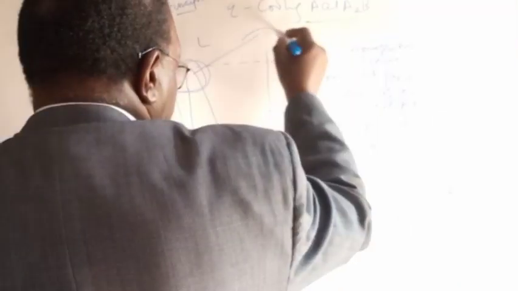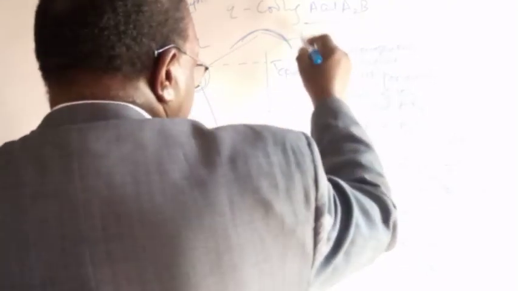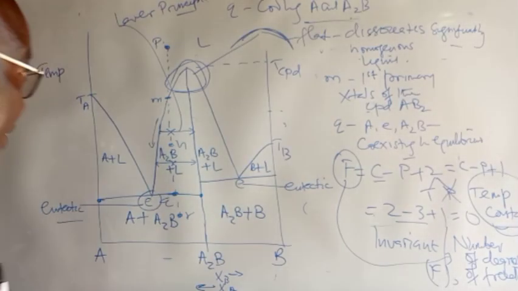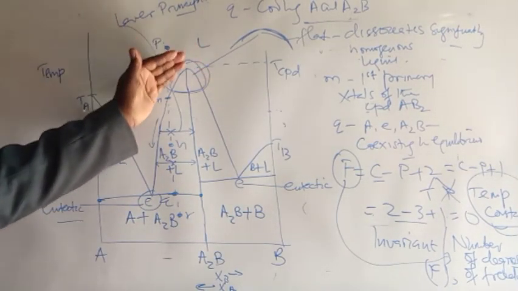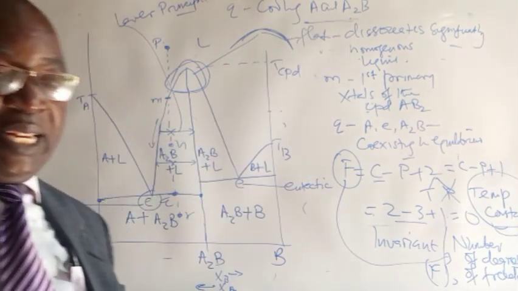If it is broad or flattened, then it means that this compound dissociates significantly. If you see that the peak there is broad, then it means it dissociates significantly.